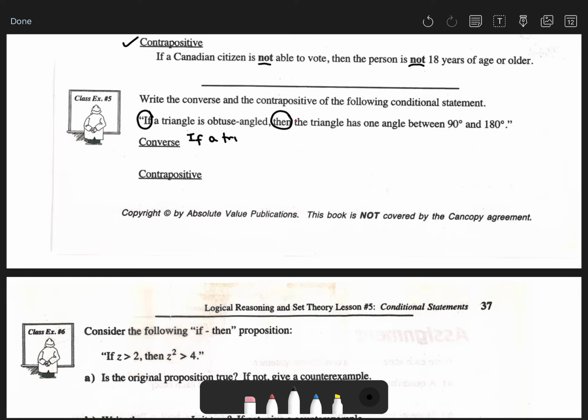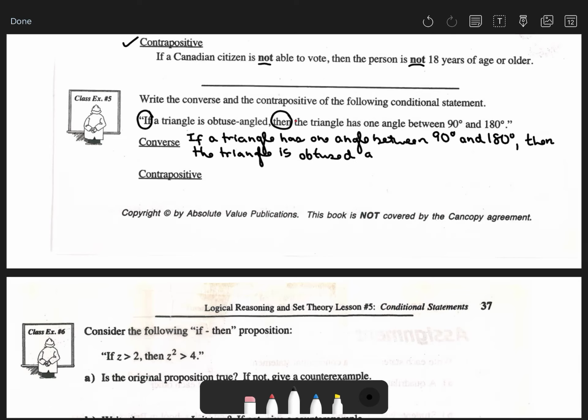If a triangle has one angle between 90 degrees and 180 degrees, then the triangle is obtuse angled. Okay, so there's kind of step 1.